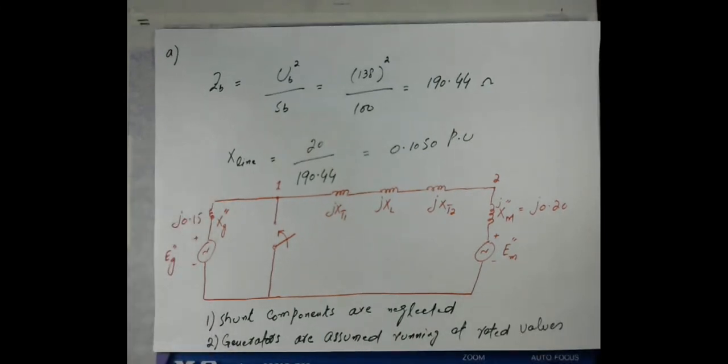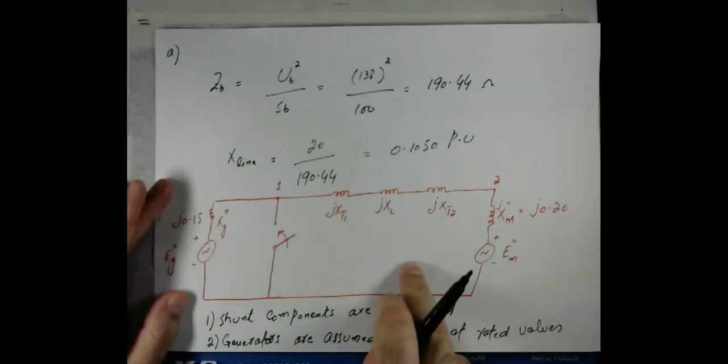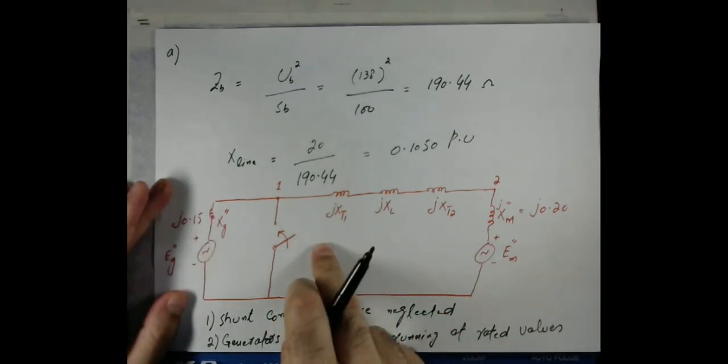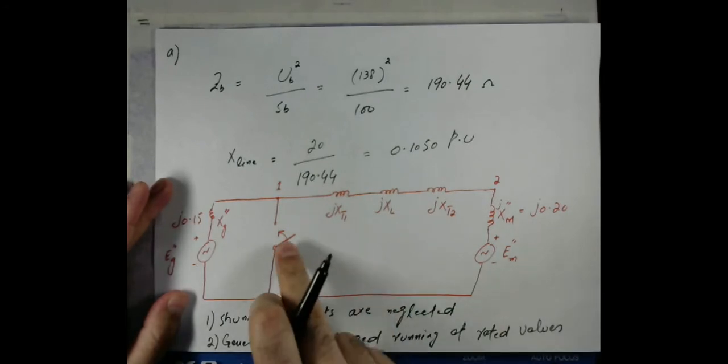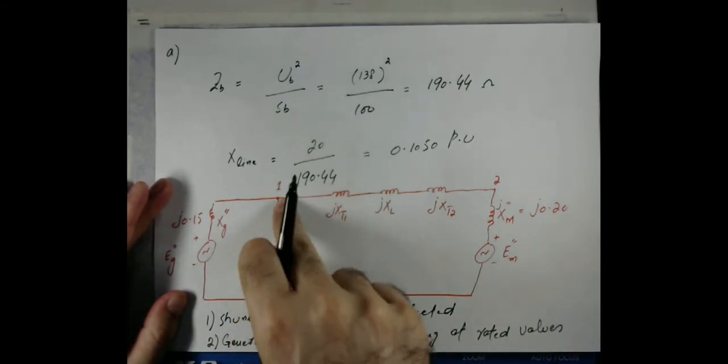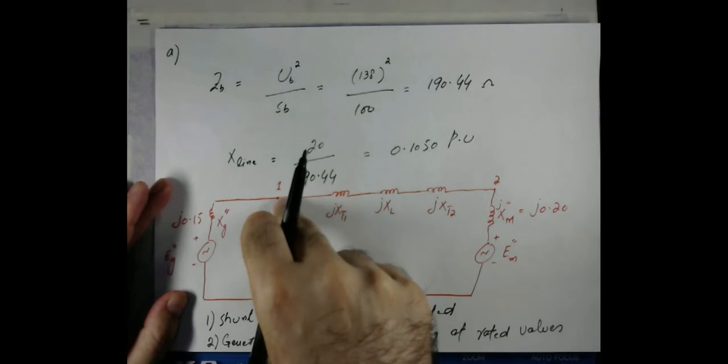So now these were the two assumptions that we make while solving these kinds of problems. I mentioned that this is the equivalent circuit when a three-phase bolted type fault occurs at bus number 1.